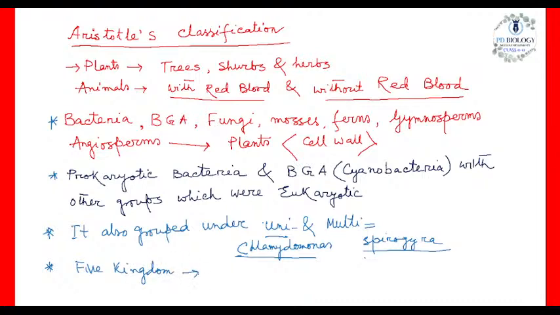So you can remember who proposed this. Can you tell me who proposed the five kingdom classification? Yes, Robert H. Whittaker.